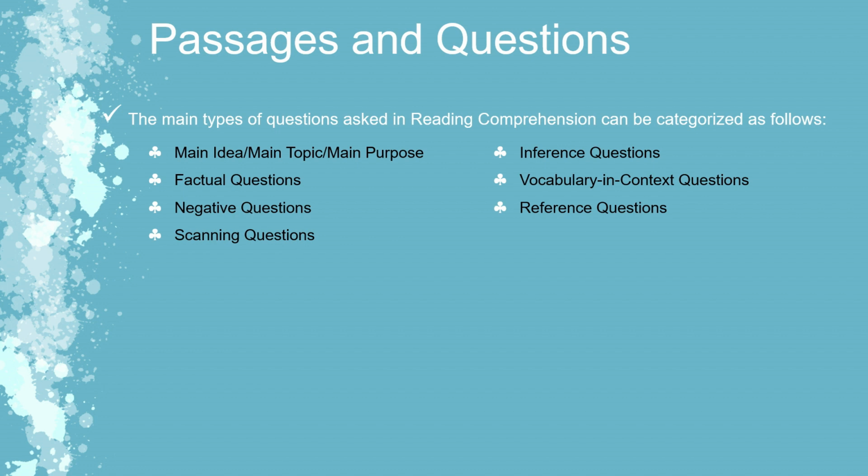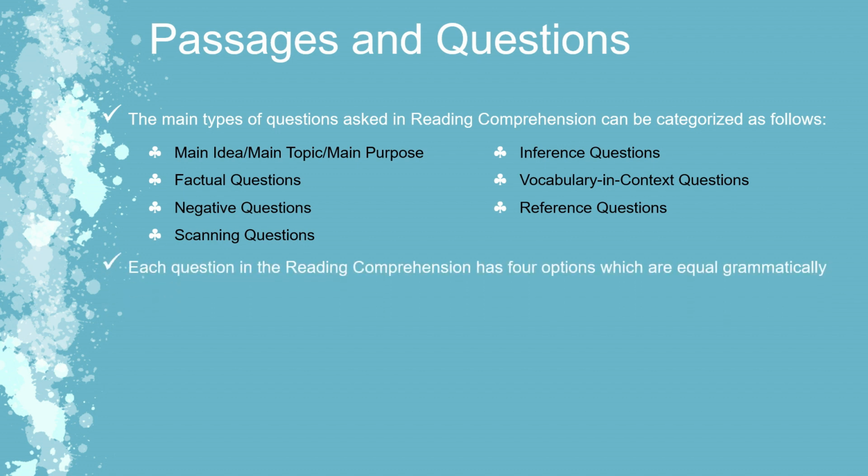And vocabulary in context questions, which look like this: what does the word in line 5 mean? And reference questions: he referred to, she referred to, it referred to, that referred to, something like that.